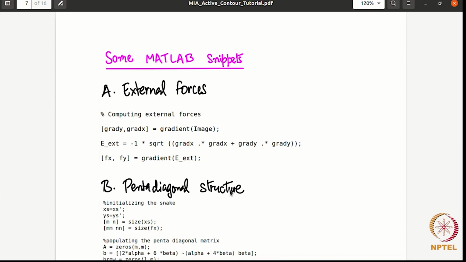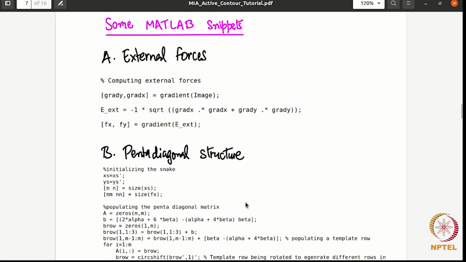Now we will show you some MATLAB snippets to show that the basic structure taught in the class is present in the advanced code as well. For example, here is the code for calculating external forces, that is gradient of image.